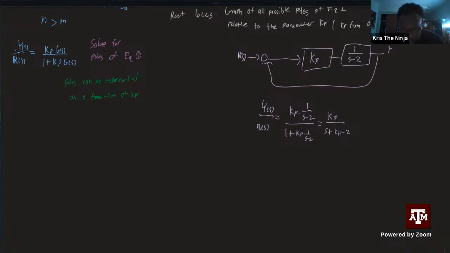So we want to have s1 equals minus Kp plus 2. So let's draw our graph right over here.